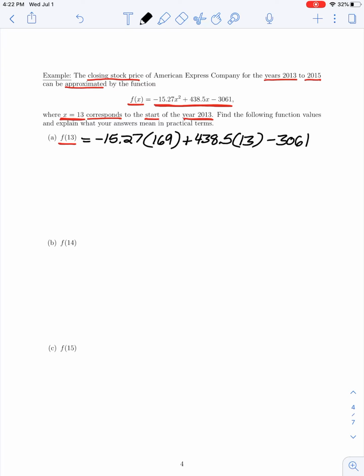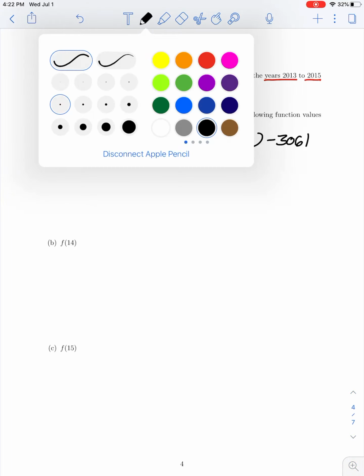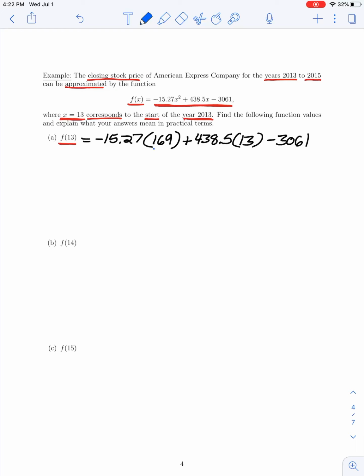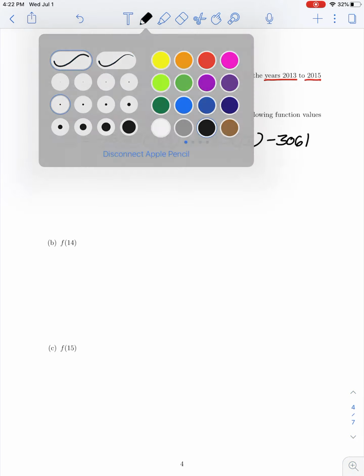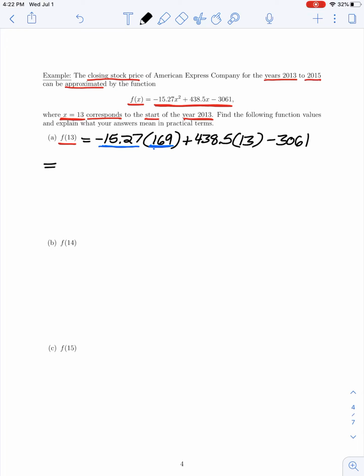So at this stage, it becomes useful to make use of a calculator. It's a little tedious to multiply 169 by negative 15.27 by hand. It can be done, but much simpler to make use of a calculator here.